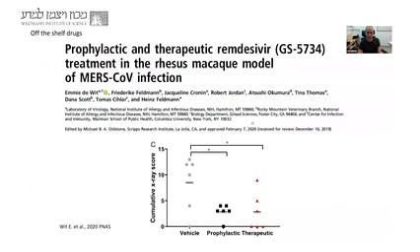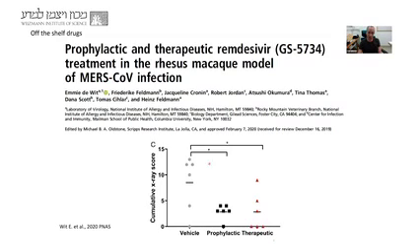This is a paper that is summarizing a long research that was done in non-human primates, in which this particular drug, remdesivir, was tested against MERS. MERS is the Middle East Respiratory Syndrome virus, very similar to the virus that we are now facing.